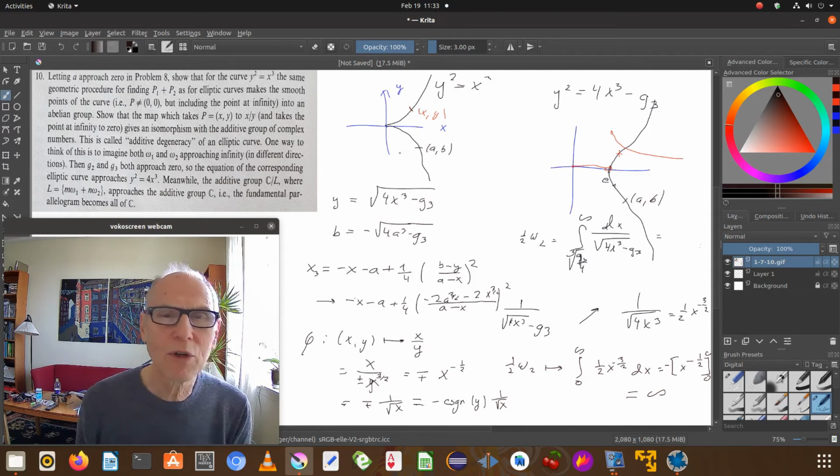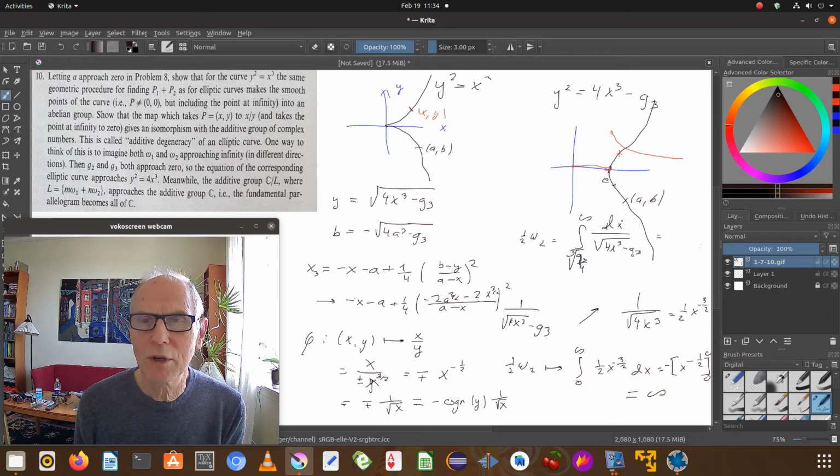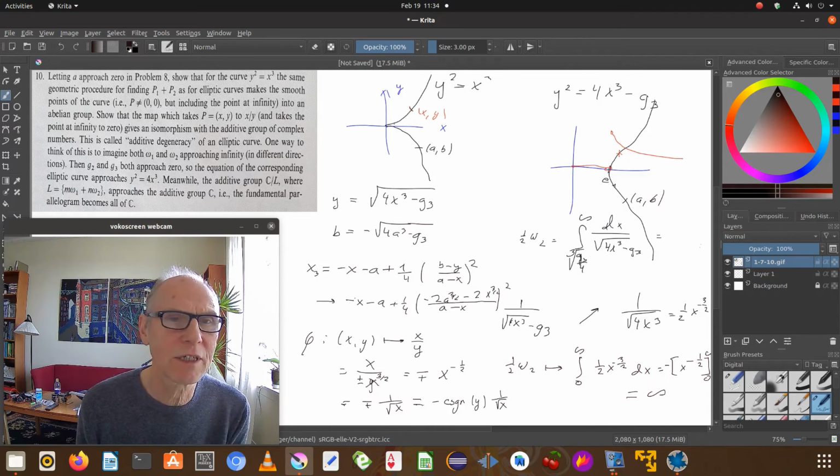So I've shown that it's a homomorphism from the complex curve, the projective curve here, except this point, which I don't really understand why it's not taken into account, and then to the complex numbers. So I need to show that it is one-to-one, and I need to show that it's onto.